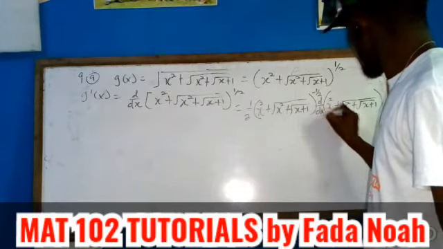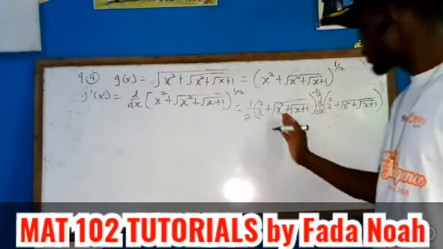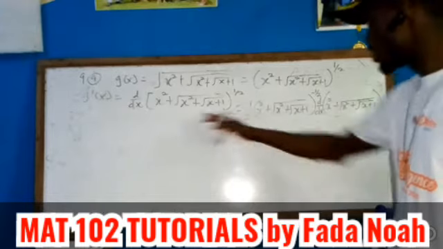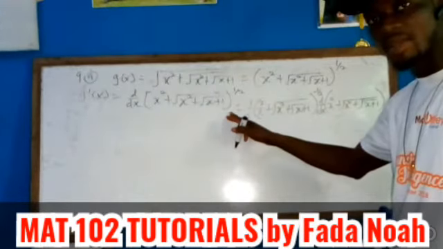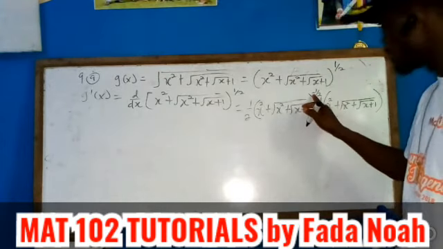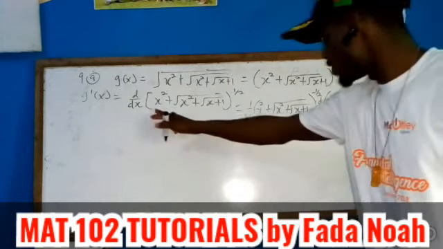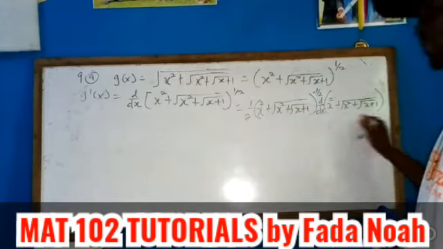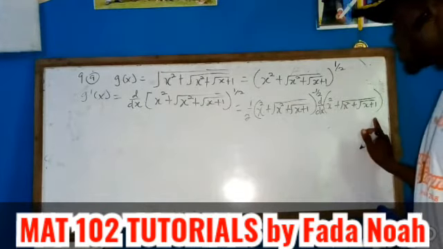Okay, so we drop the exponent, we write the original function inside the bracket, then we subtract 1 from the exponent to get minus 1 over 2, times the derivative of everything inside the bracket. That's what we have over here.